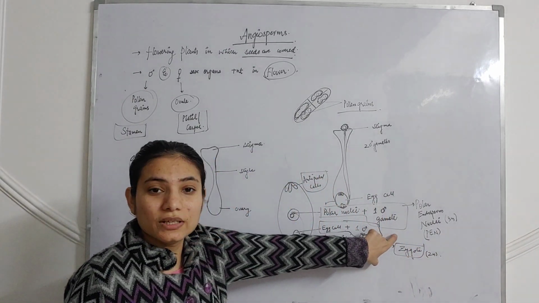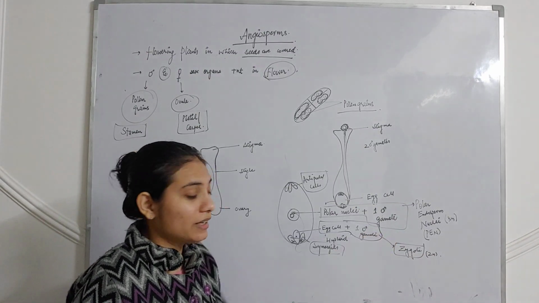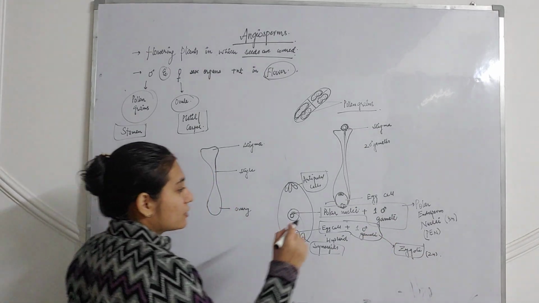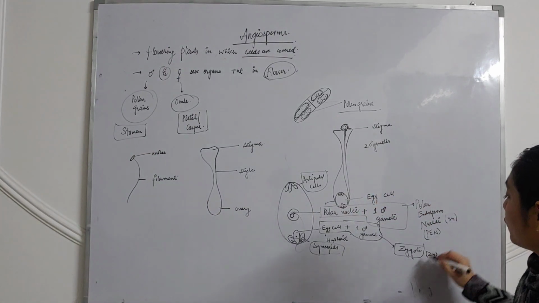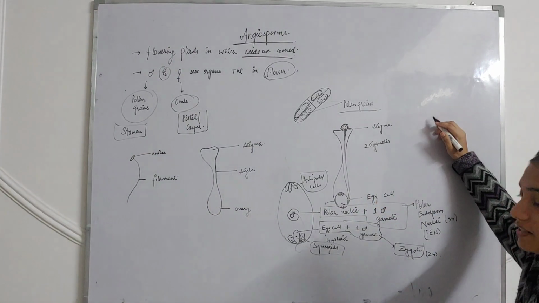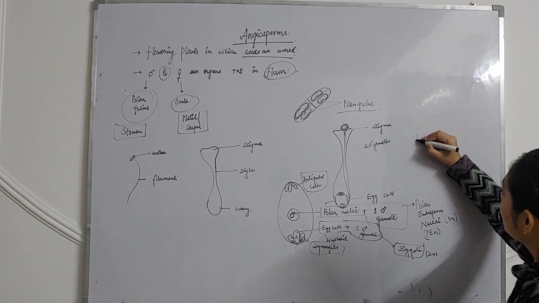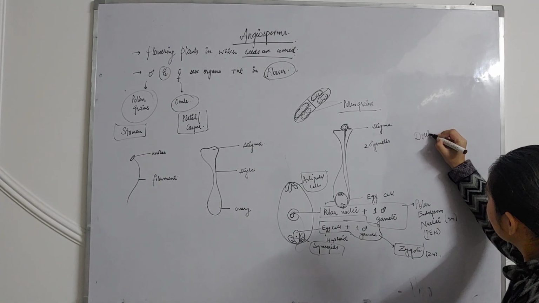So two things are newly formed after fertilization. That's why it is called double fertilization, which involves two fertilizations in a plant.